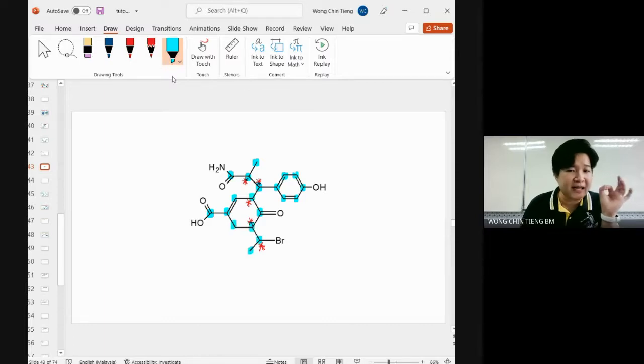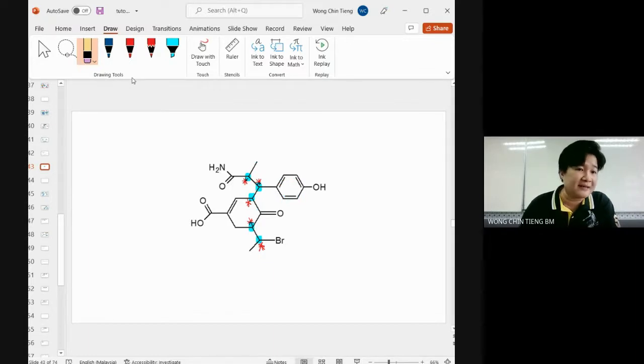Then kamu decide dia layak atau tak layak. Okay, make sure you are moving from the left to the right and every single carbon. And before you decide whether they have or not, you will then identify dia layak for the first requirement or not. Dia layak tak? Contoh, dia pegang CH2, tak layak lah. Dia pegang double bond, tak layak lah.